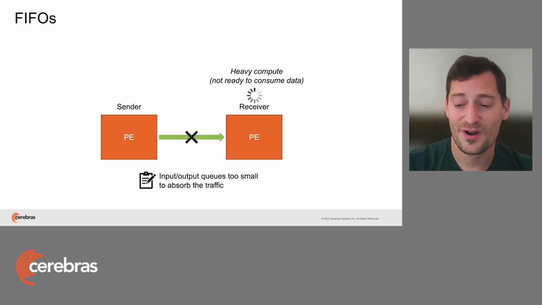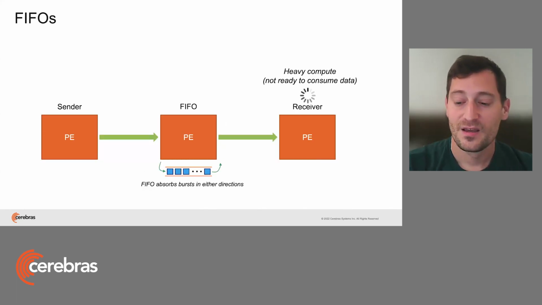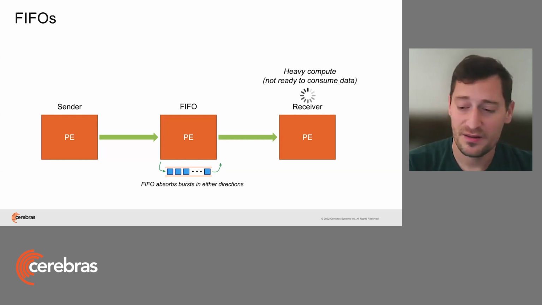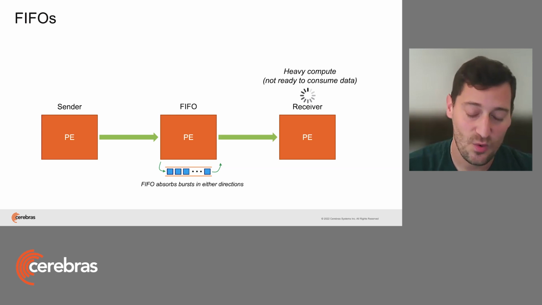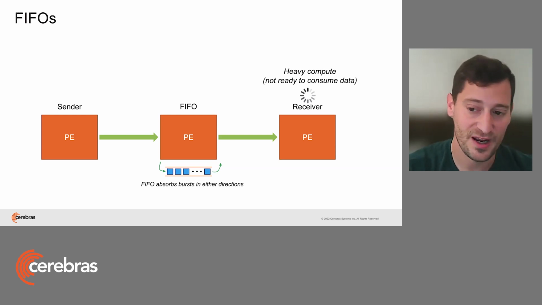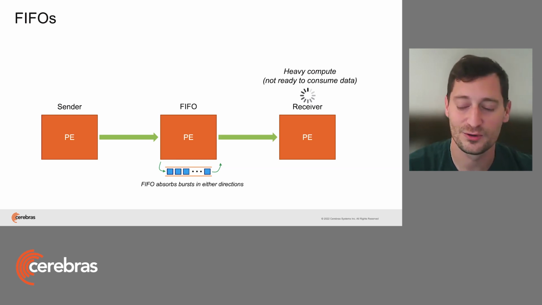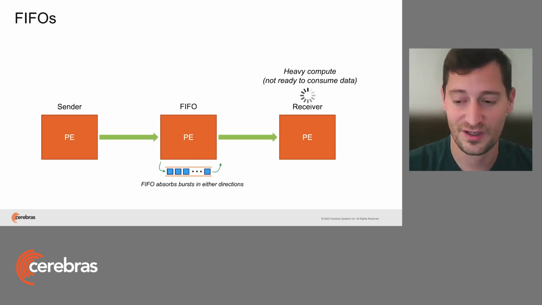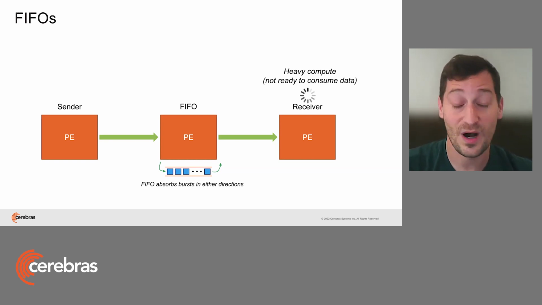So how can we solve this problem? What we can do is we can place a PE in the middle. That is one way we can use FIFO DSDs. There are many different variations, but here I want to show you the simple case to demonstrate what are FIFO DSDs and how to use them.